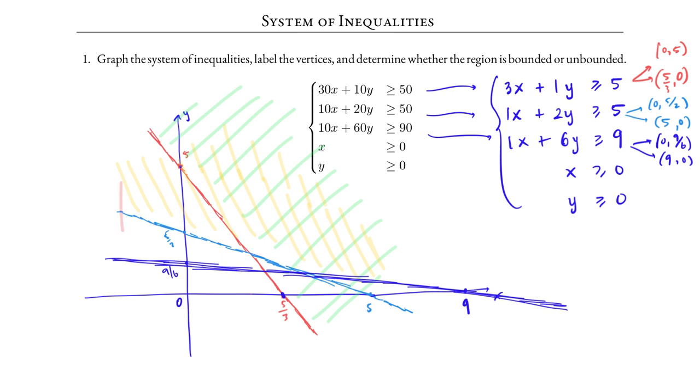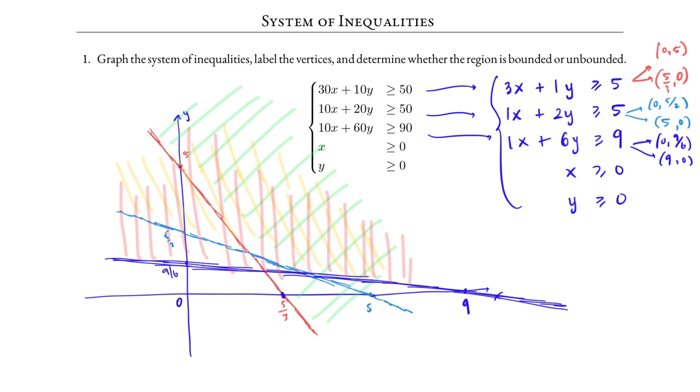And it is the solution region for the third inequality. And lastly, x greater than or equal to 0, meaning everything on the right side of the vertical axis, and y greater than or equal to 0, meaning everything above the horizontal axis.